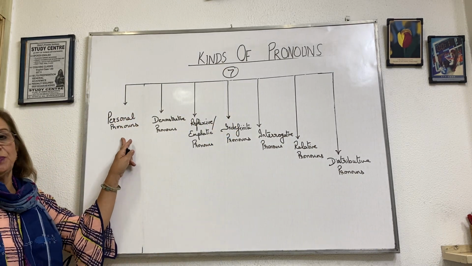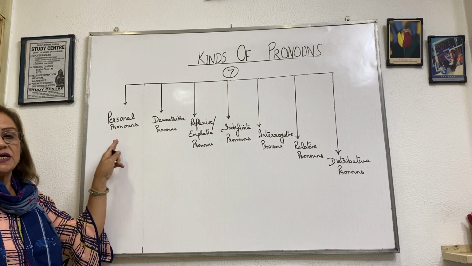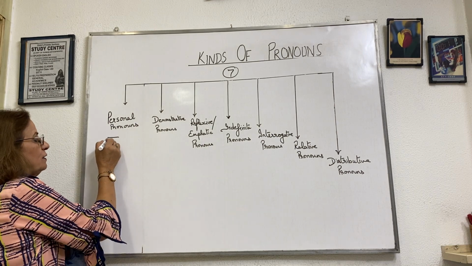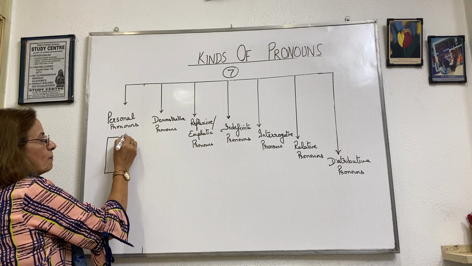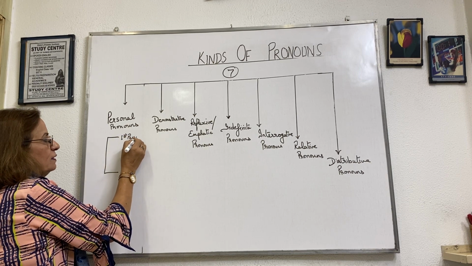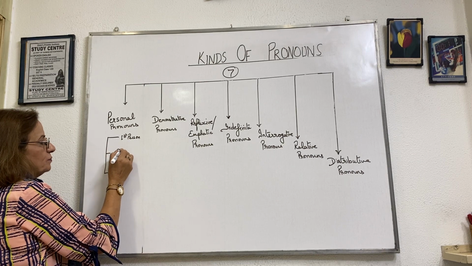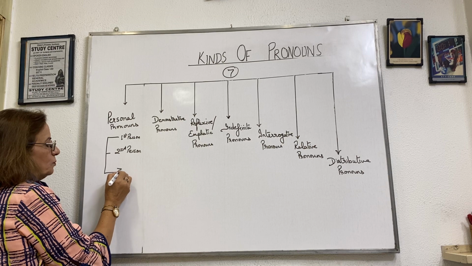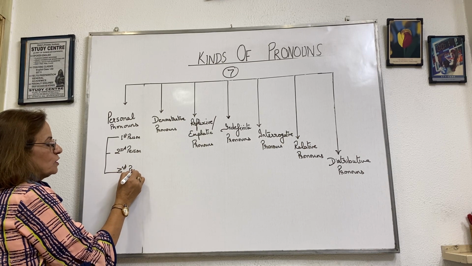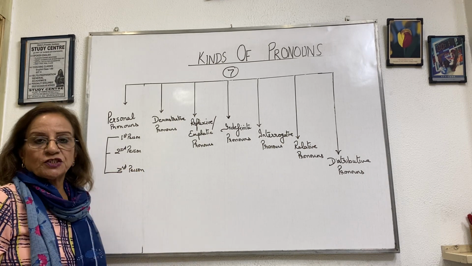First is personal pronouns. Okay, like I had told you, it is in 3. First person, second person, and third person. Now what is first person? The doer of the action.